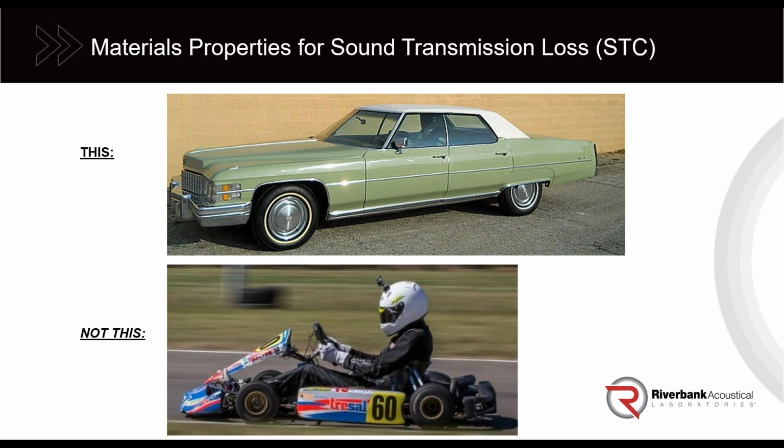So the isolated suspension keeps the vibration of the road out of the body of the vehicle, soft floating suspension, and a really massive vehicle that took a lot of energy to make move. And then an airtight and closed cabin, which kind of blocked out the outside world, right? So that's the way you want to think for wall assembly. You want your wall assembly to be more like the Cadillac and not like the go-kart, right? The go-kart is very, very light, very stiff, and open.